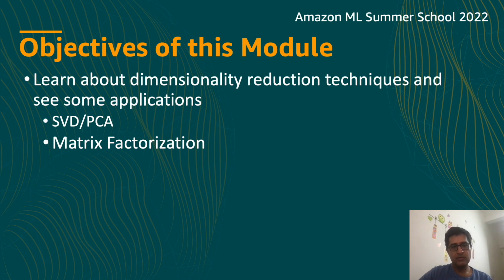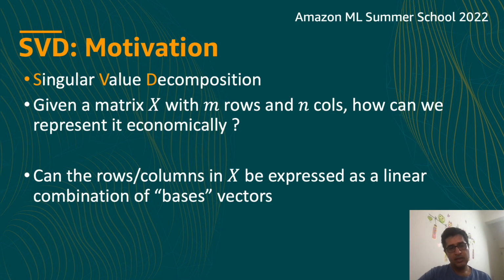Okay, so coming on to it, we can start with singular value decomposition. That's our first deep-dive topic in this particular subsection. In singular value decomposition, the question that you are asking is, given a matrix X which has m rows and n columns, can we represent it more economically?